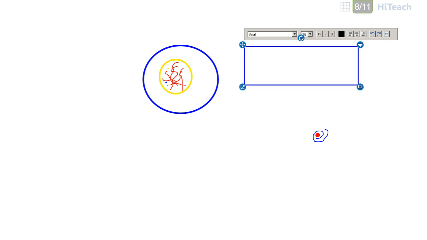So the combination of the DNA with histone protein is called chromatin.